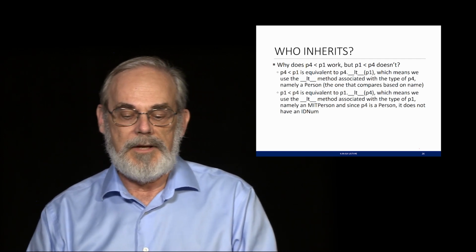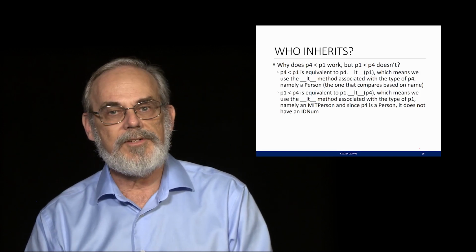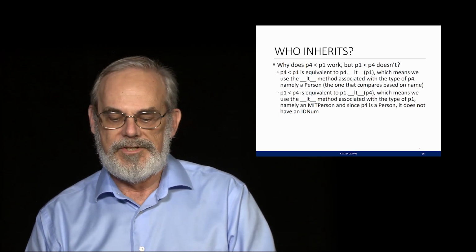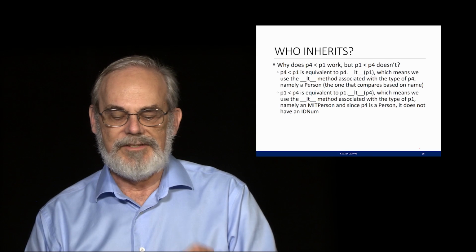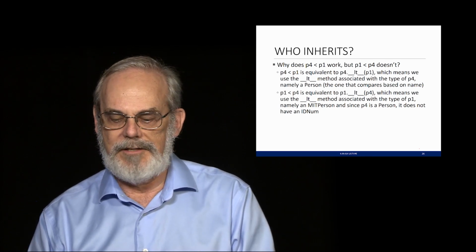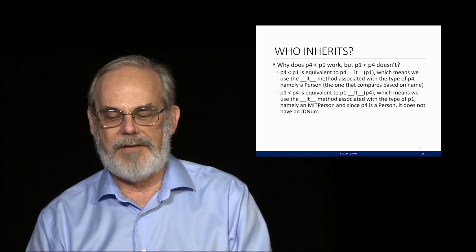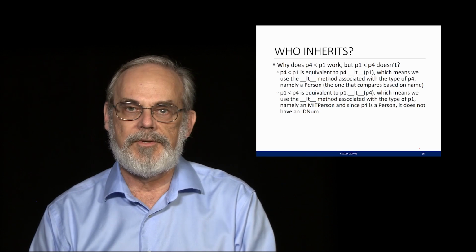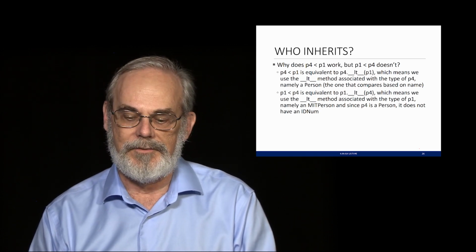On the other hand, when we ask P1 less than P4, that's equivalent to getting the less than method associated with the type of P1, which is an MIT person. And since that tries to compare on ID numbers, and P4 as a person does not have an ID number, this will throw an error, or in this case, say that there's an attribute error. I don't have an ID number associated with it.